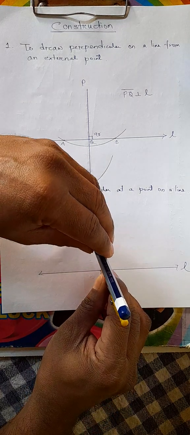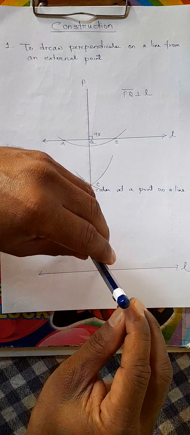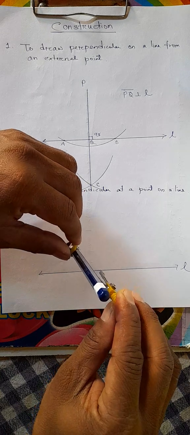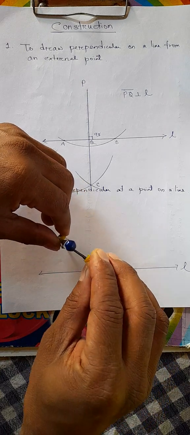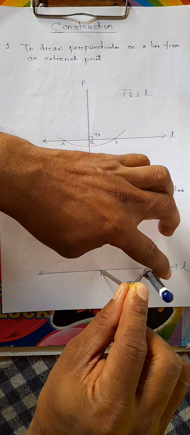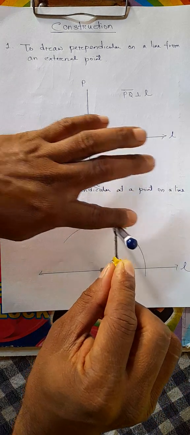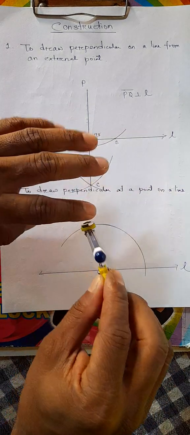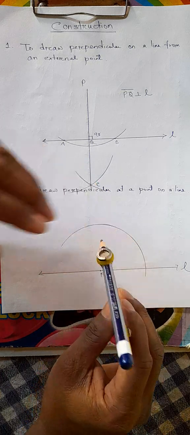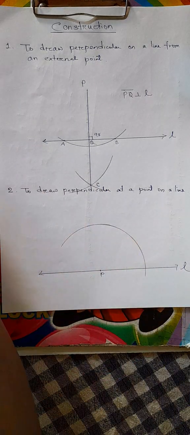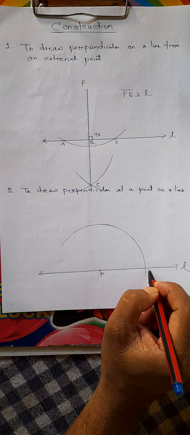So let us start with this. Let us draw an arc of any radius at point P. Now this arc intersects the line at Q, suppose.